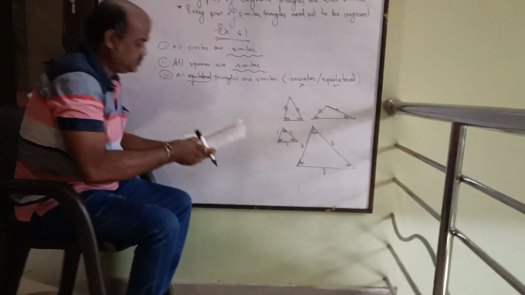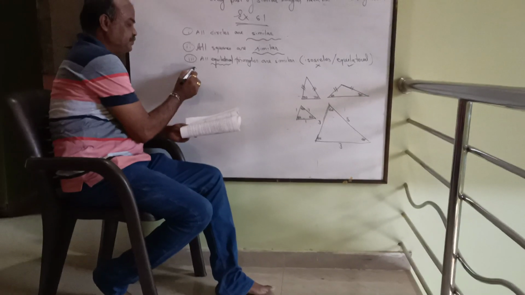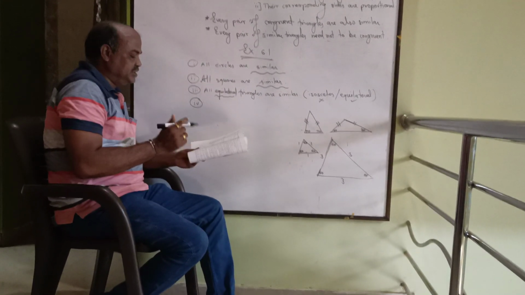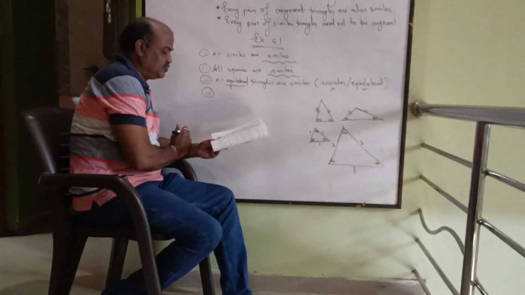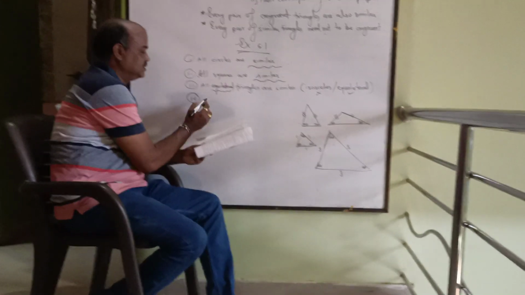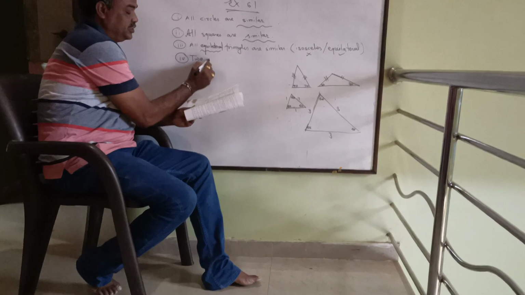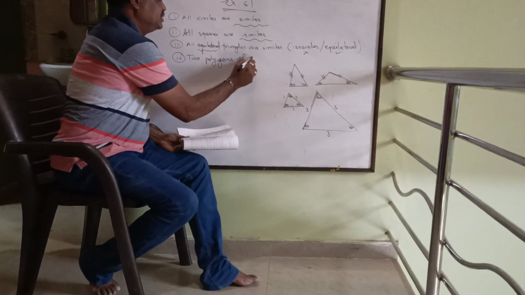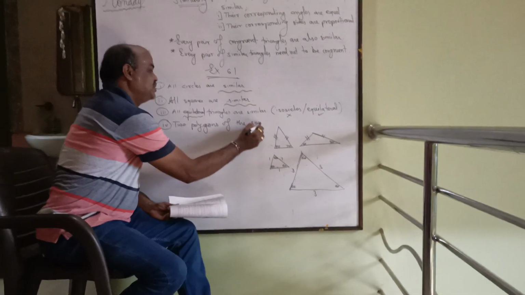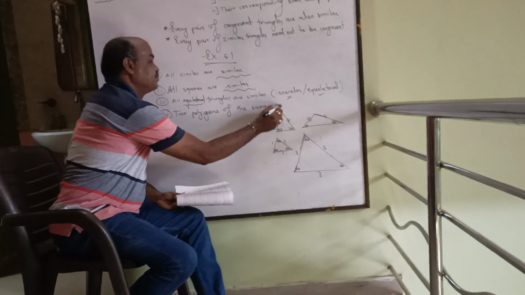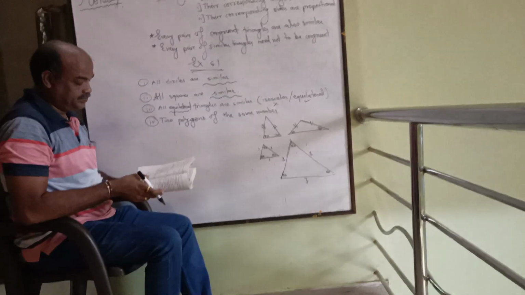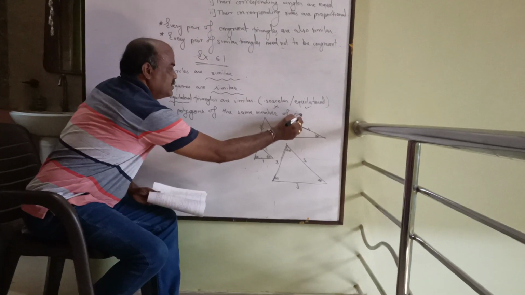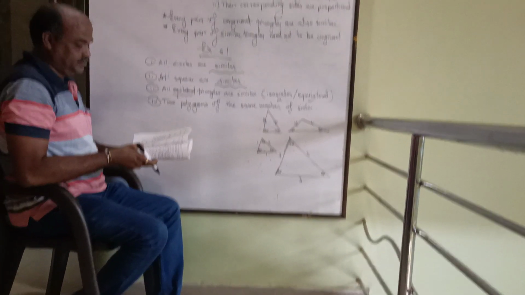Now let us move to the fourth one. Two polygons of the same number of sides are similar.